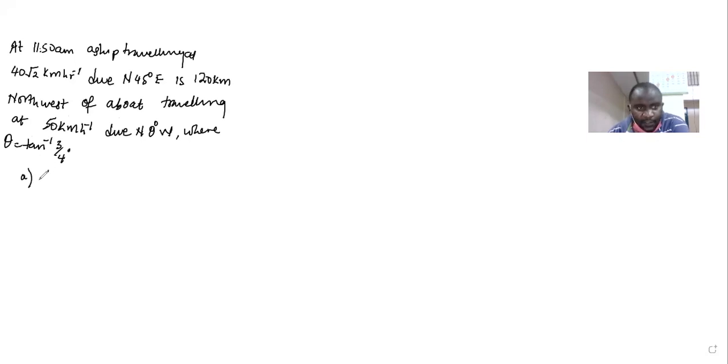A, find the velocity of the boat relative to the ship.